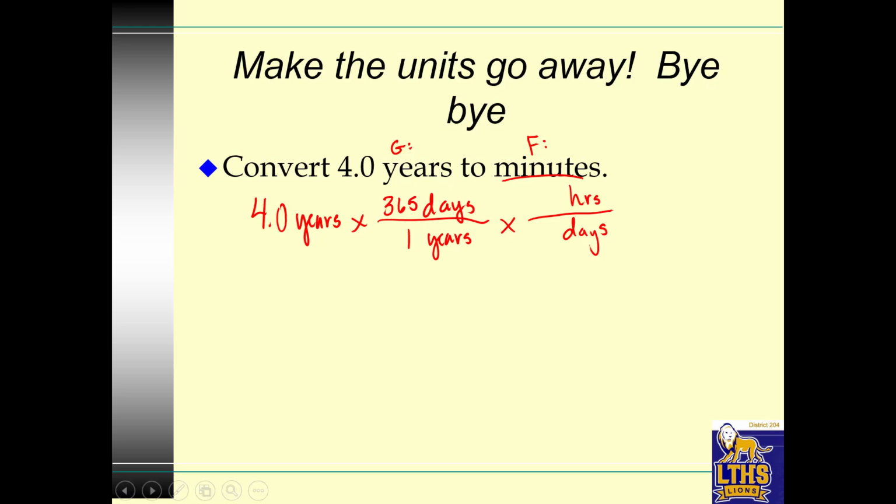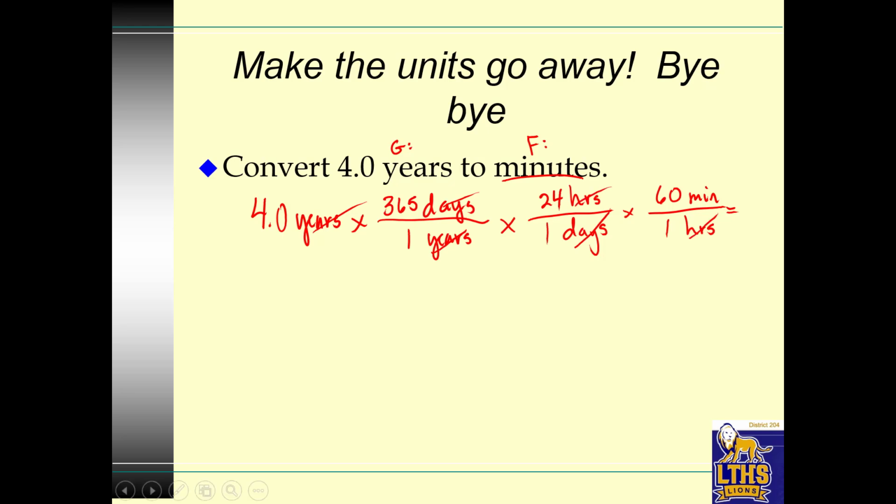And then I want to say, well, I know how many minutes are in each hour. So I know that there's 24 hours in a day, and that there's 60 minutes in an hour. So using these conversion factors, I cancel out years, cancel out days, cancel out hours. Now I have to do the math.